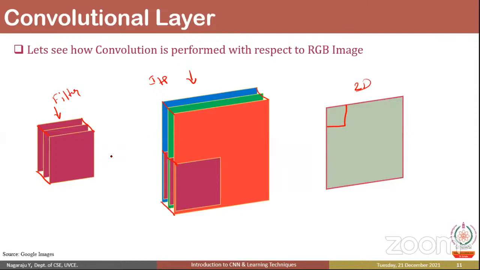In the previous slide I told you that the kernel extracts spatial features, but in this case the kernel extracts spatial features as well as cross-channel features, and it gives one output.